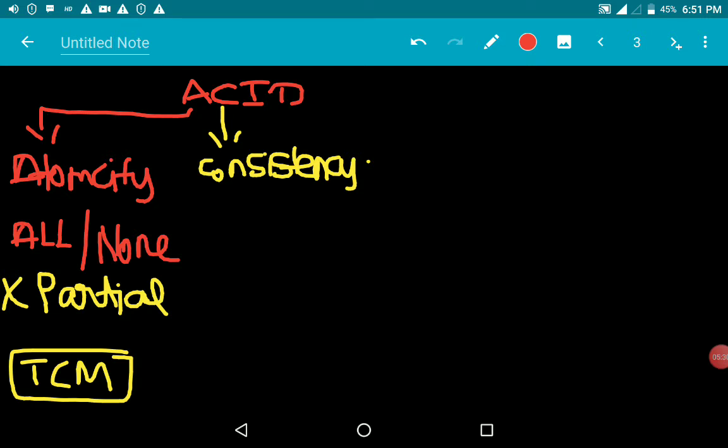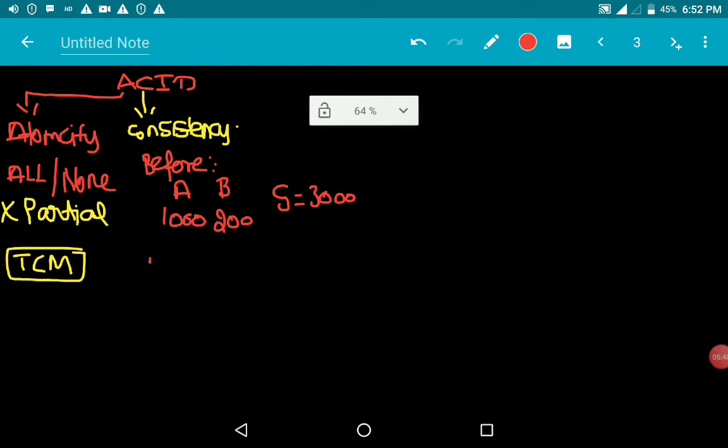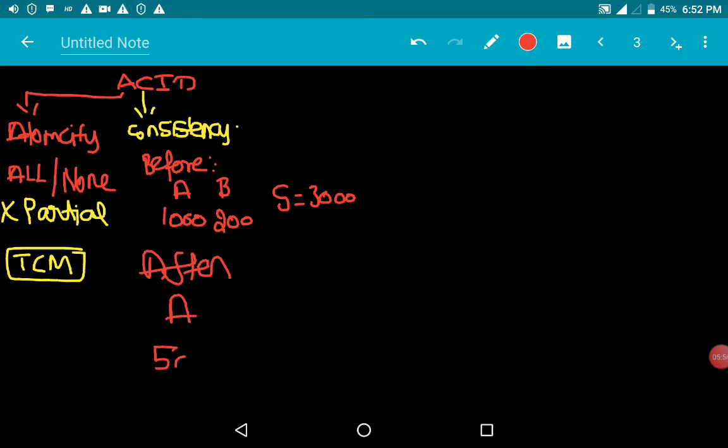For example, in the previous example, before the transaction, your balance is 1000 and your friend's balance is 2000, then the sum is 3000. After the transaction, your balance is 500 and your friend's balance is 2500, then the sum is 3000.